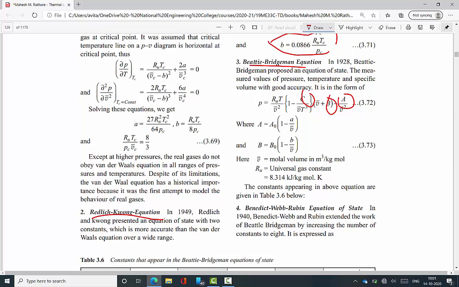Then fourth, the Benedict-Webb-Rubin equation of state. Here Benedict introduced an equation with 8 constants.